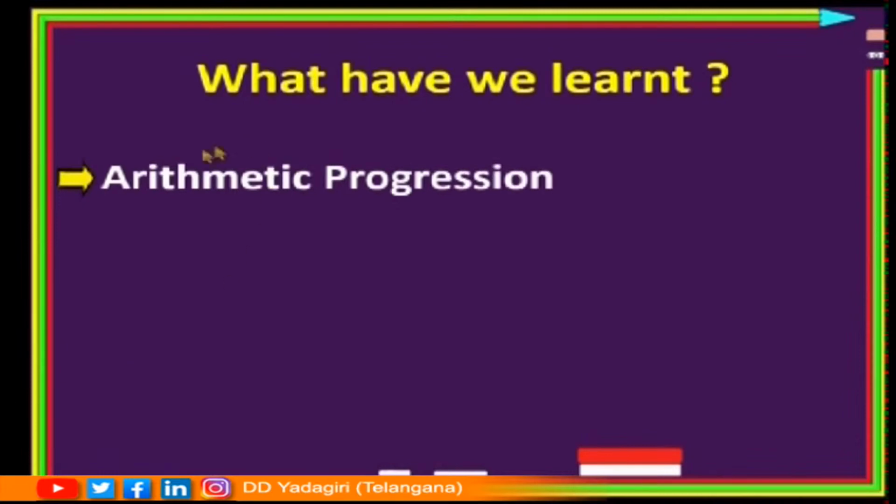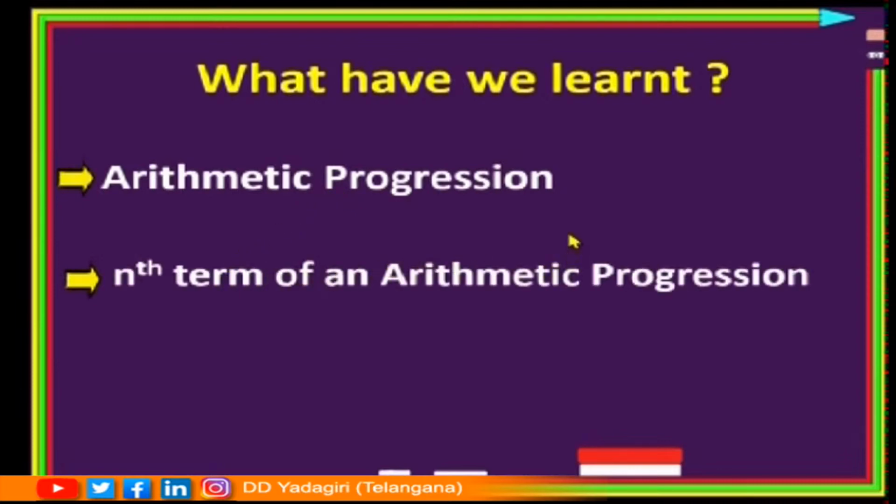What we have learned in this lesson is what an arithmetic progression is and what the nth term of an arithmetic progression is. We have also solved beautiful problems on the nth term concept.